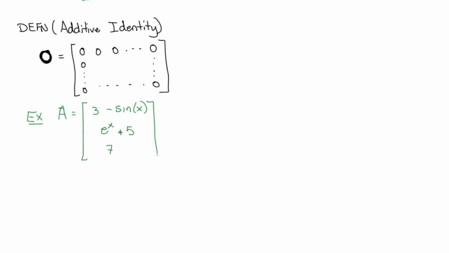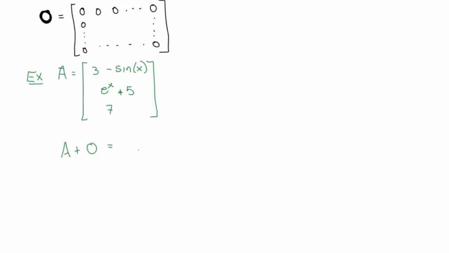So if I want to look at A plus 0, it is assumed, when you see that, that the 0 is a matrix of the same size as A. Notice here that A is a 3 by 1 matrix, 3 rows by 1 column. So we will assume that the 0 is also a 3 by 1. It's allowed to grow or shrink as necessary.